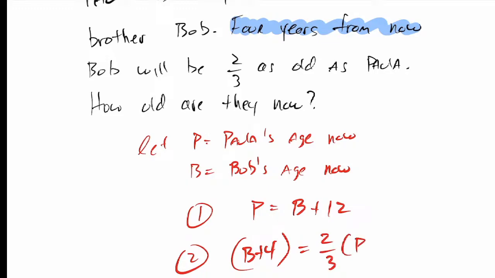So 2/3 as old as Paula would be 2/3 P plus 4. Yeah, there you go. Good. Very good. Is this okay? Yes. But Mina forgot the plus 4 on the Bob variable, is what Mina forgot. But that's still very close.